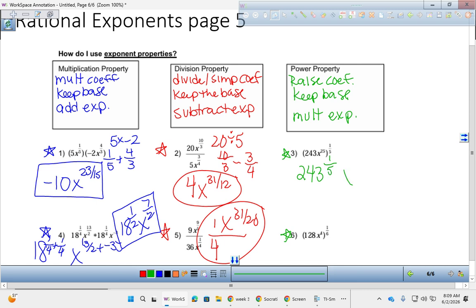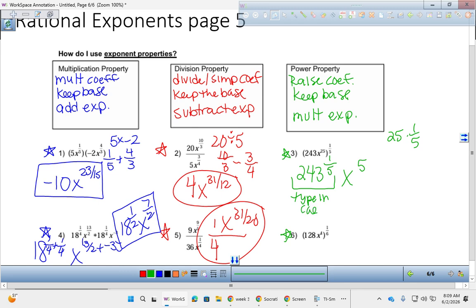I'm going to keep the base the same. And then I'm going to do 25 times 1/5. You can just type that in your calculator. It's 5. What I have to do here is check this in the calculator too.